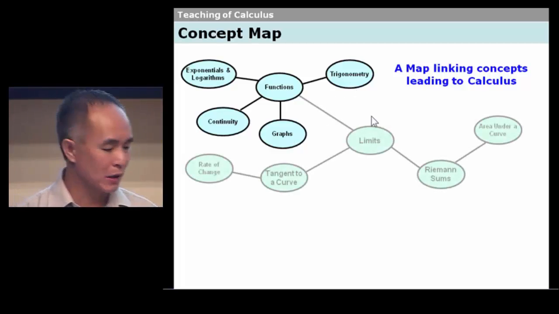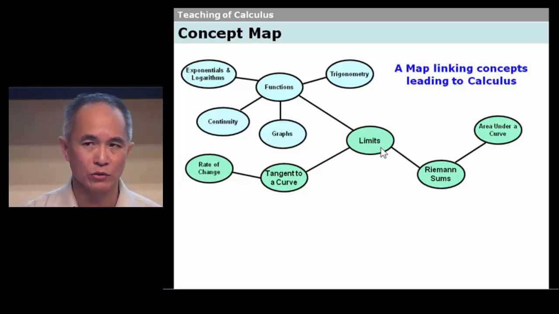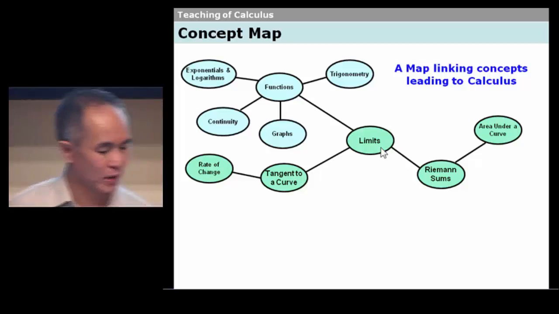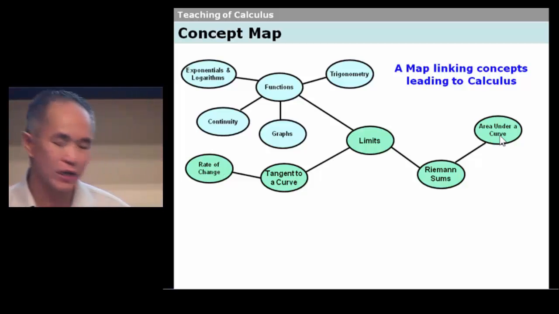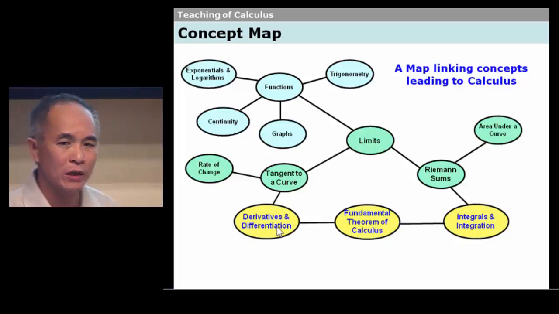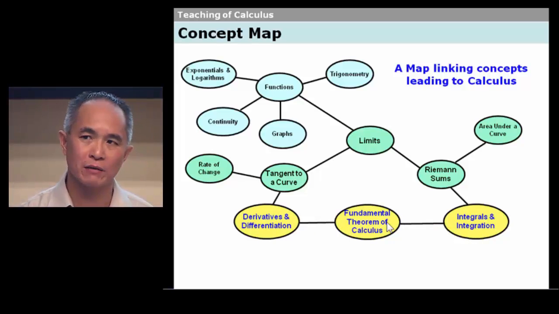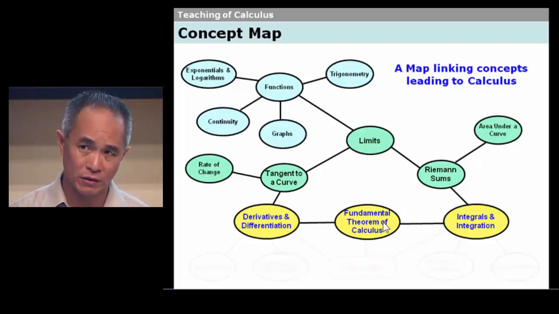So this will hopefully lead on to the ideas of limits, if that is necessary for us to move on to calculus. And under limits, you have ideas like Riemann sum and tangent to a curve, rate of change, and so on. And eventually, these ideas will lead on to differential calculus and integral calculus, and also the fundamental theorem of calculus.